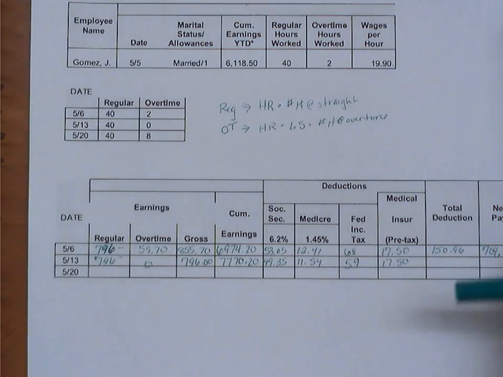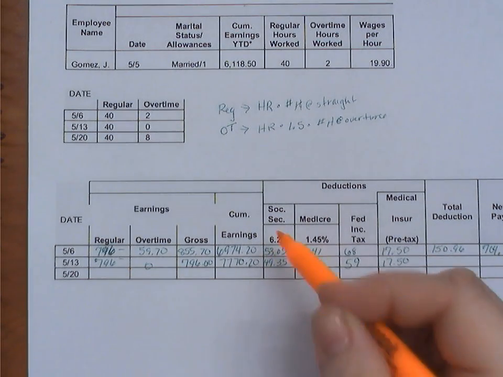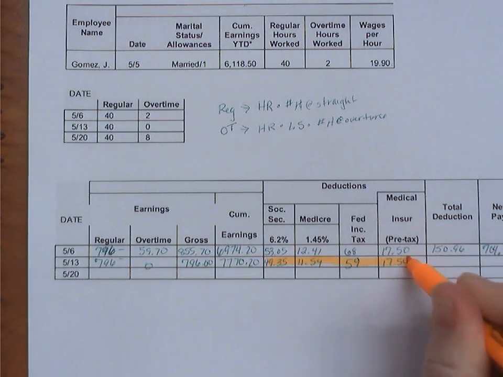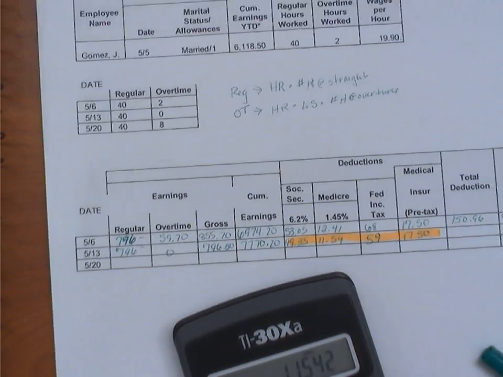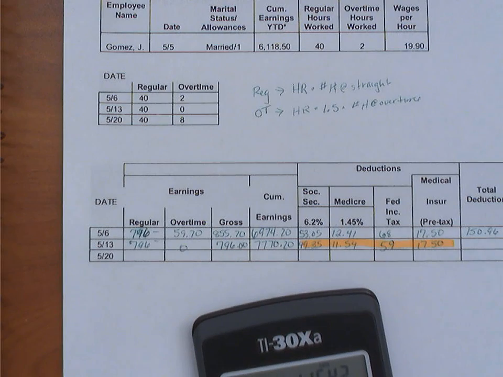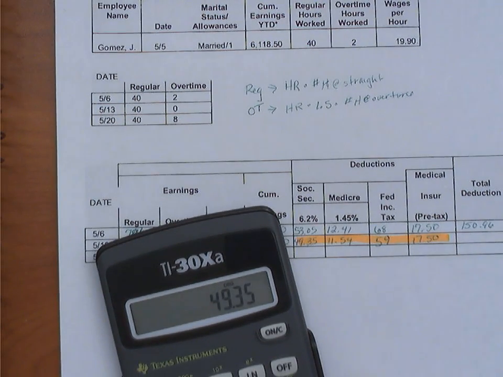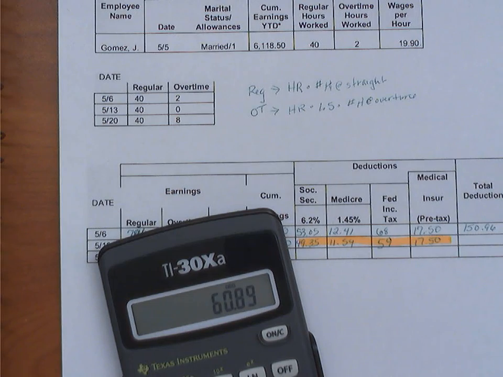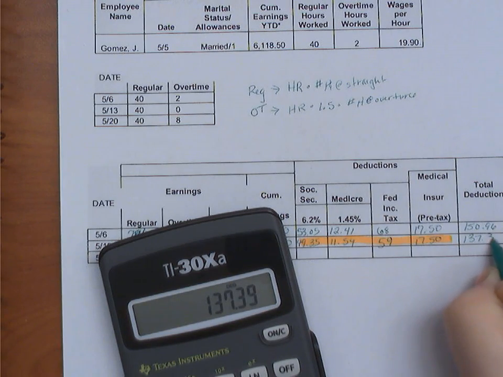To find his withholdings, we add all of these numbers together: 49.35 plus 11.54 plus 59 plus 17.50, which is $137.39.